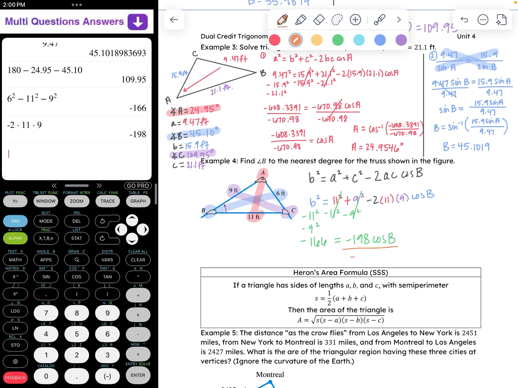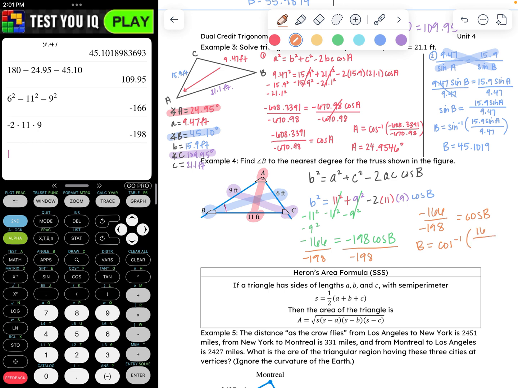I'm going to divide by that negative 198. I'm just going to leave it as a fraction for now. So negative 166 over negative 198 equals the cosine of B. Because I'm going to have to do my inverse cosine, and I'll just plug it all into the calculator then. The negatives do cancel out, so I get 166 over 198.